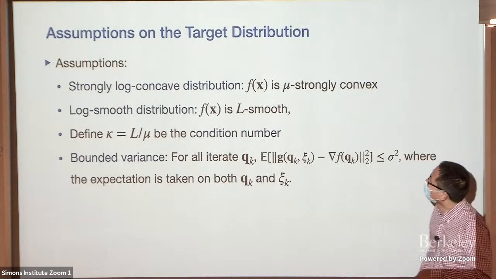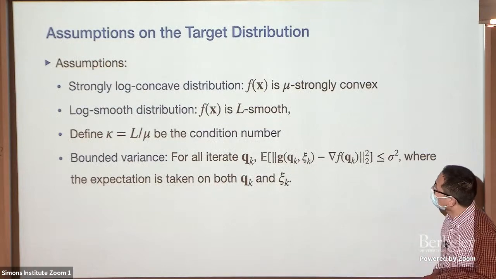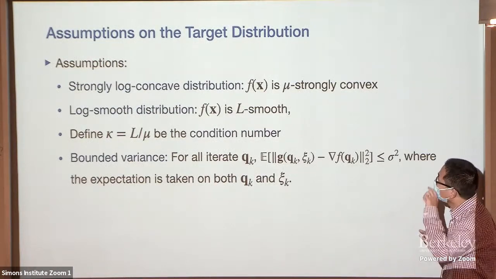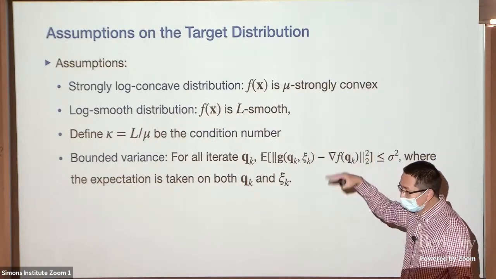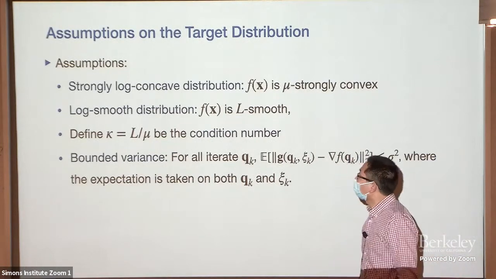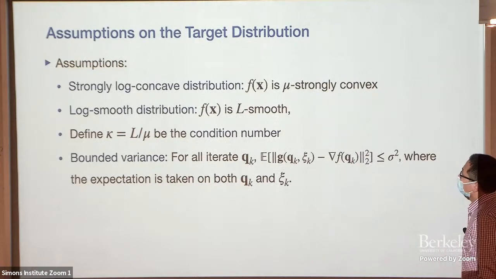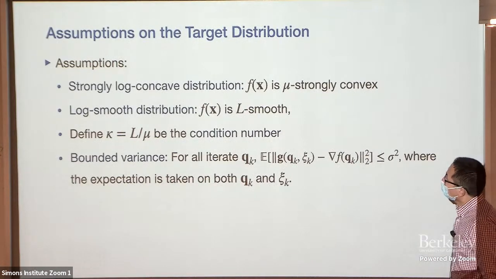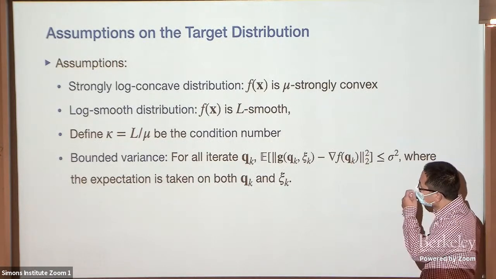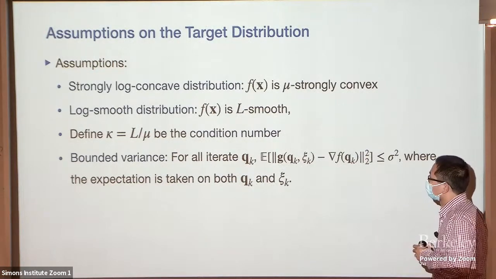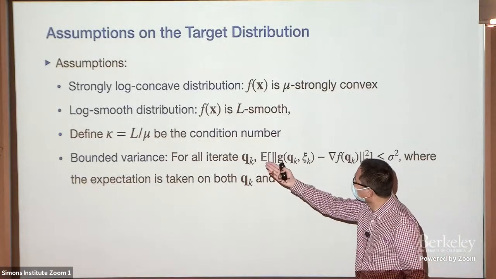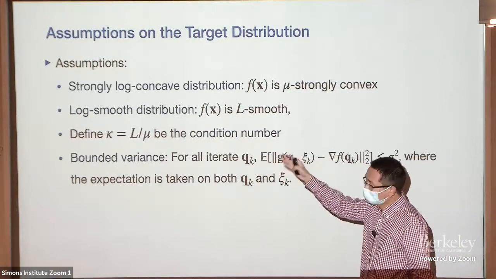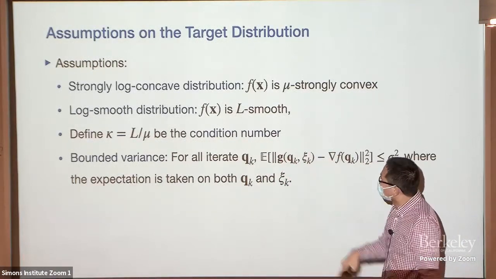Before that, let me first lay out a few assumptions, which are very standard. The first assumption is that F is mu-strongly convex, which means the target distribution is strongly log-concave. The second assumption is that F is L-smooth, which means the target distribution is log-smooth. I denote kappa, the ratio between L and mu, as the condition number.